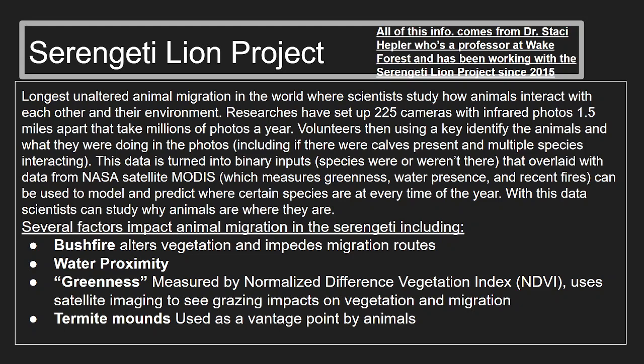This data is turned into binary inputs that overlaid with data from MODIS, which runs on 16-day cycles and outputs a 250 by 250 meter grid, can be modeled to predict where certain species are at every time of the year. With this data, scientists can study why these animals in the Serengeti are where they are. Factors that affect animal migration in the Serengeti include bushfire, water proximity, greenness, and even termite mounds.